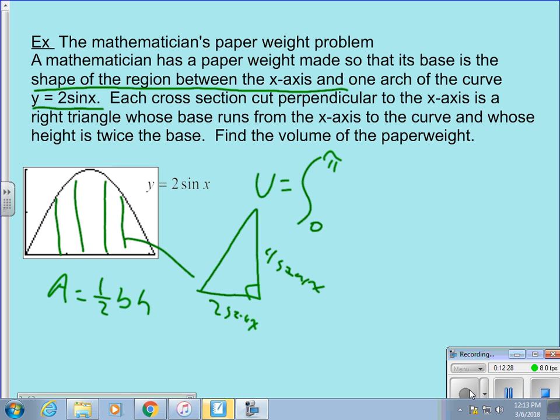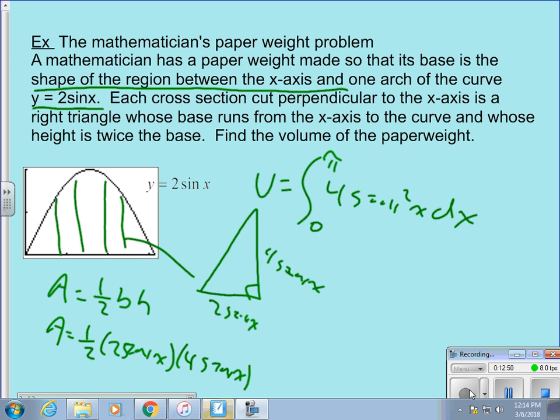So what is my area? 1/2 times 2 sine x times 4 sine x equals 1/2 times 2 is 4 sine squared x dx. Yes.